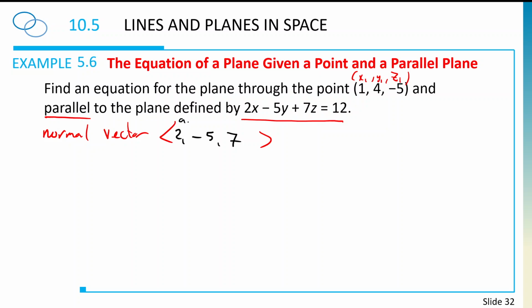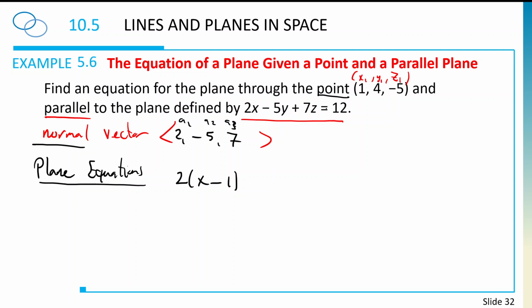So this one I'll use as A1, A2, A3. Now I have a normal vector and I have a point. I can go back to the first case. So now the plane equation. What's the plane equation? It should be 2, we always start with these: x minus 1, x minus x1, plus, well, this time it's negative, -5 times y minus 4, plus 7 times z minus 5, so it's plus 5.